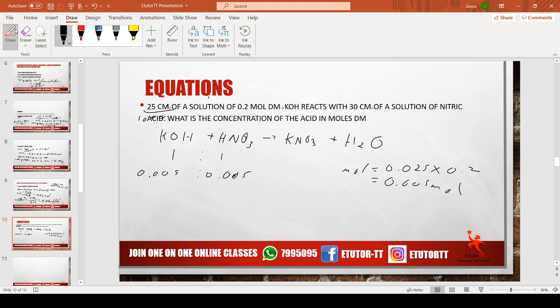So we're going to say, and we have how much cm cube, to divide this by 1,000. Sorry about that.